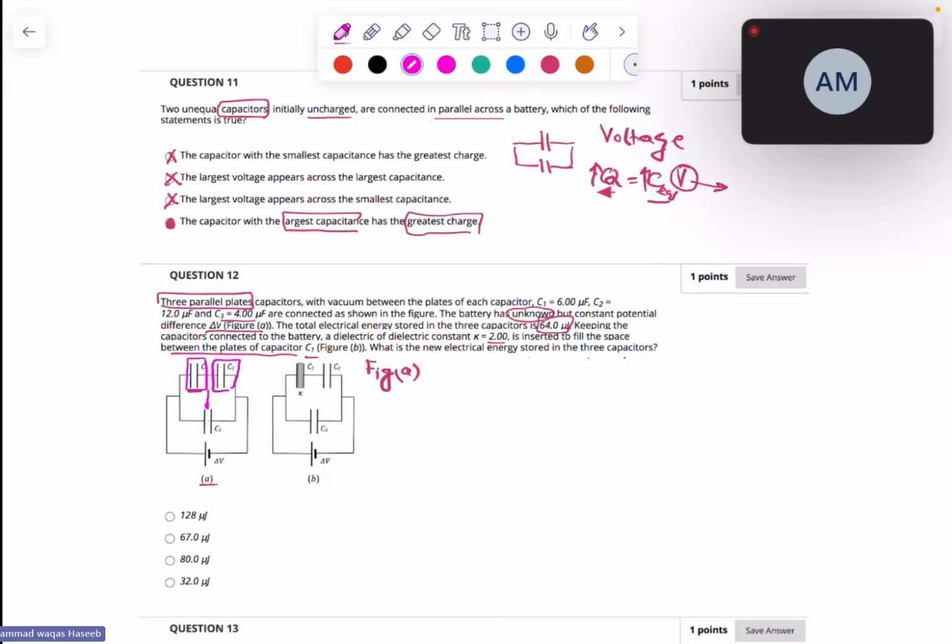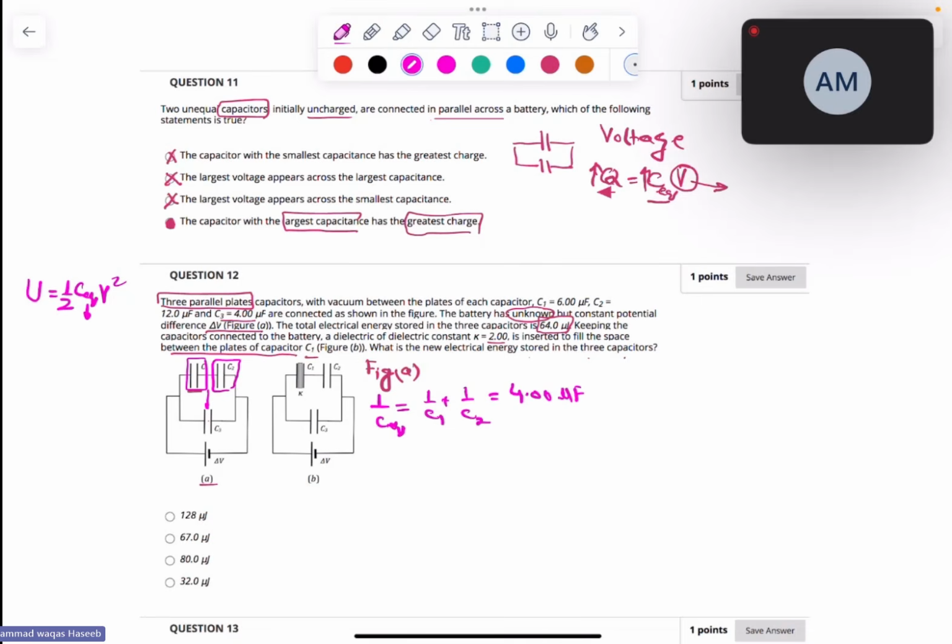The energy is calculated by this formula: one half C equivalent V squared, where C equivalent means the total capacitance. For capacitors in series, 1 over Ceq is 1 over C1 plus 1 over C2. When you put in the values of C1 and C2, you will get 4 microfarad.